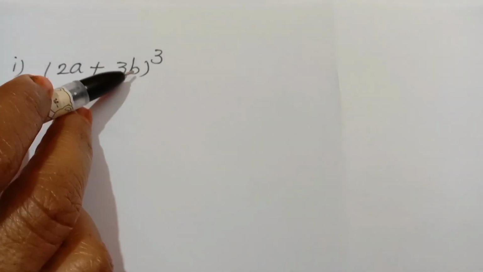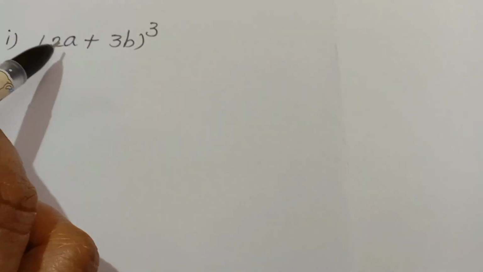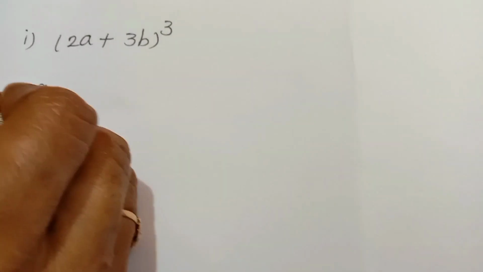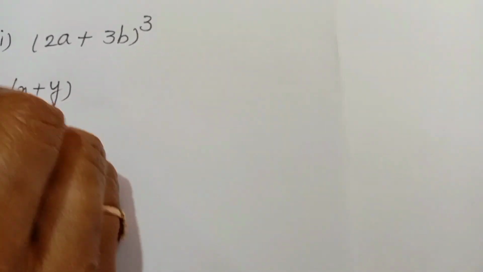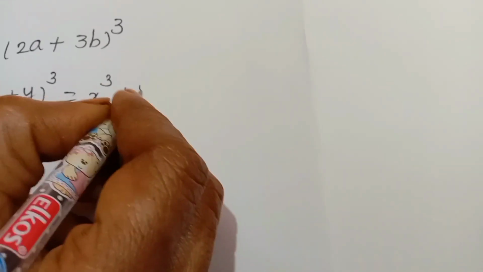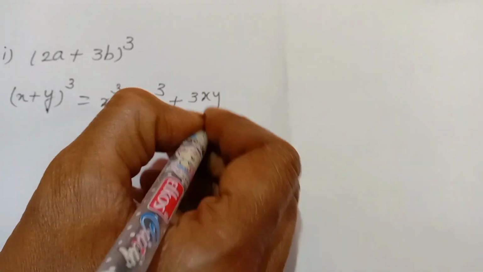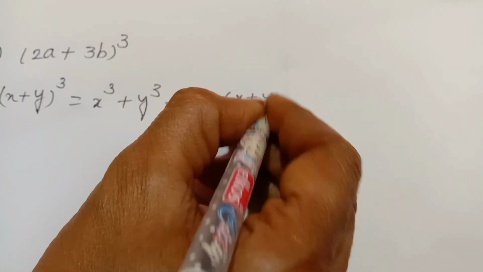2a plus 3b whole cube in the expanded form. Comparing the given expression x plus y whole cube, that is equal to x cube plus y cube plus 3xy into x plus y.